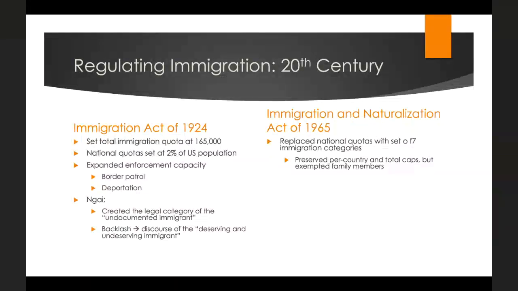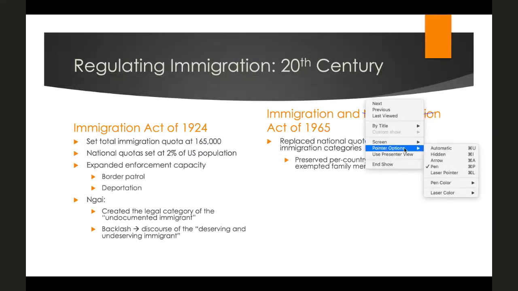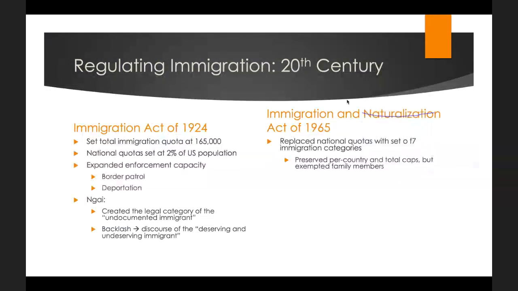Now, this was changed in 1965 with the Immigration and Nationality Act of 1965, which replaced the national quotas, these 2% quotas based on population, with a series of immigrant categories, but preserved a per country and total cap.